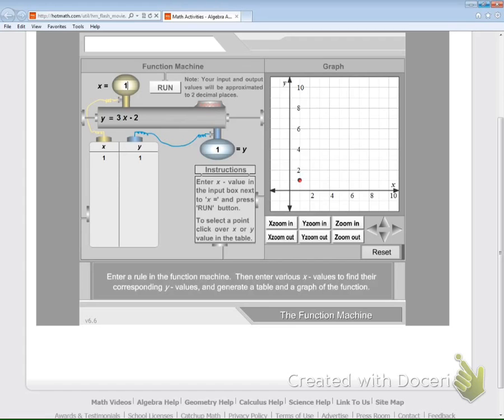Well, that's because 3 times 1 is 3, minus 2 is 1. Let's try another value. How about 3? What do you expect the output to be? 3 times 3 minus 2. So you see you get a 7.